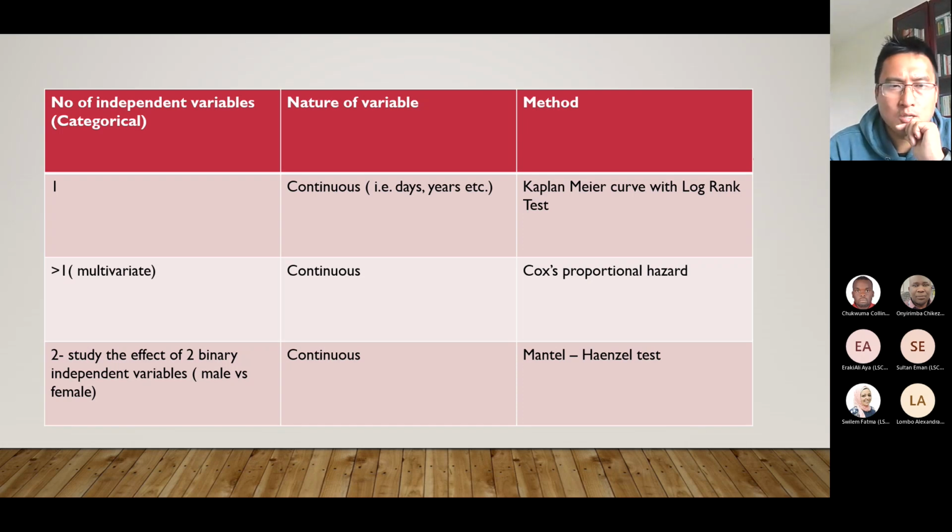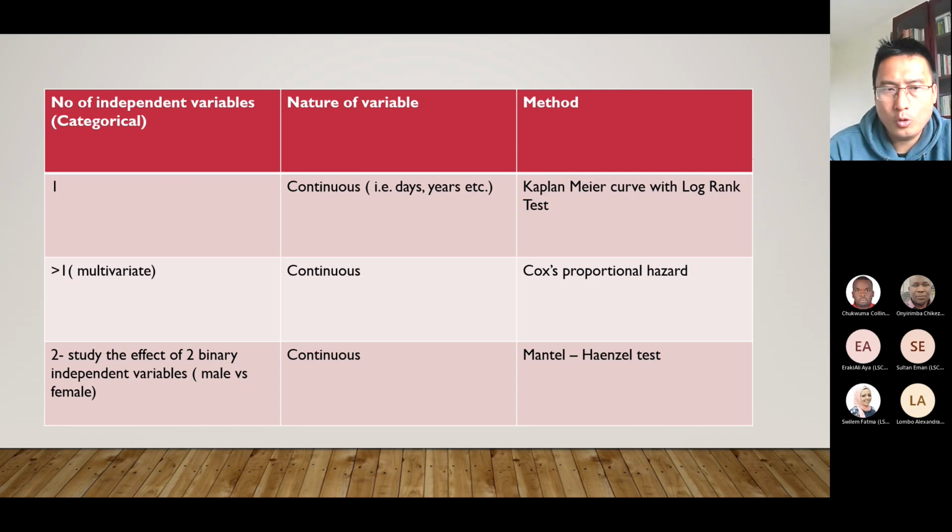Would anyone want to shine the light on what is an independent variable? That the experimenter or the researcher can control. Continuous is which can even take a fraction. So if there is one independent variable and the nature is continuous, which method would you use to address it? The answer is Kaplan-Meier and log rank.